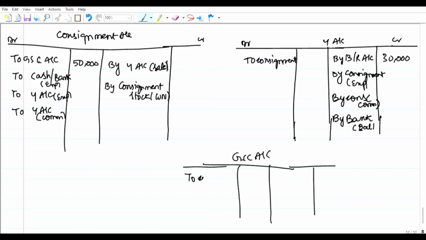As we are not having any more entries, we can close the goods sent on consignment account.